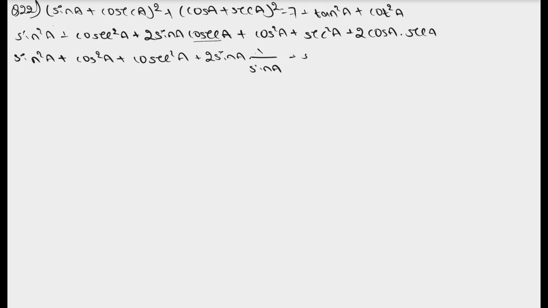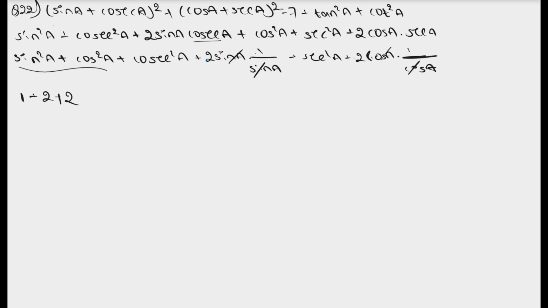Let's leave the secant square as it is. And we know this secant is inverse of cos. Cos and cos, sine and sine gets cancelled, and we know our identity sin square plus cos square is equals to 1. Right? 1 plus, here we have 2, plus here we have one more 2.